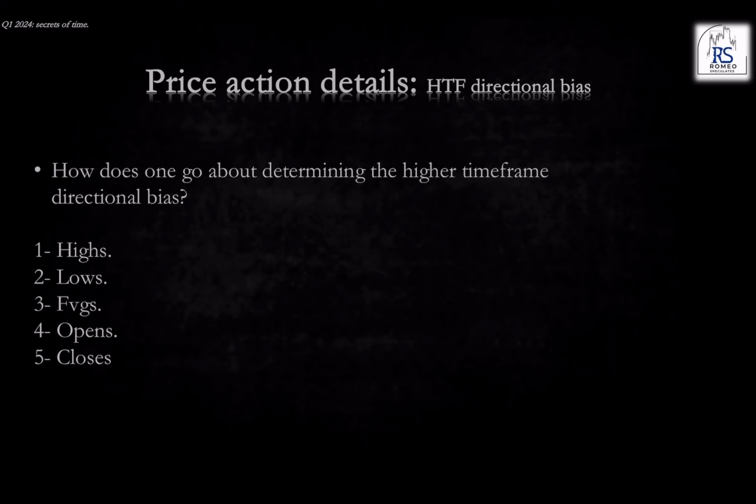Nobody paid attention to one of the most key elements, and I find that ironic, which is the higher time frame directional bias. Now, of course, 1 year later, as you can see, the effect is palpable. The higher time frame bias has become the norm. Yet they still don't know all the details, and I will gloss over some in this one.